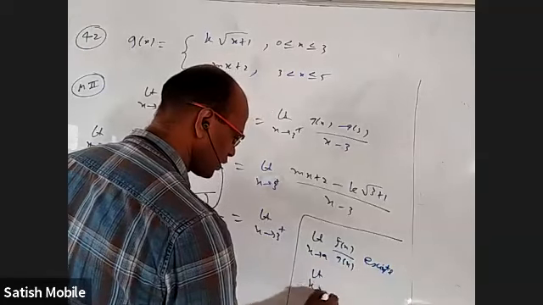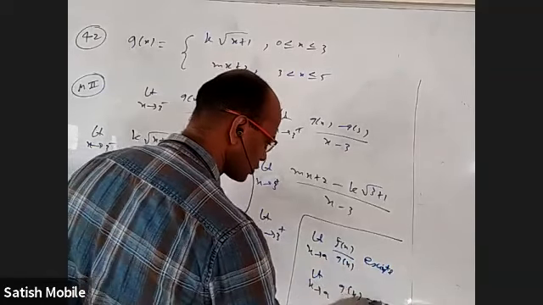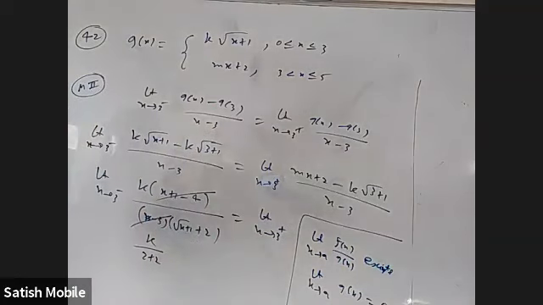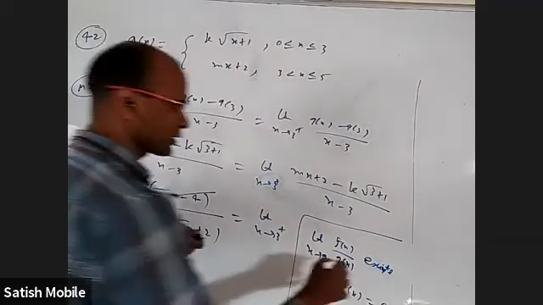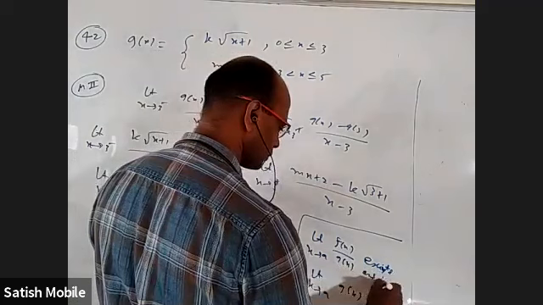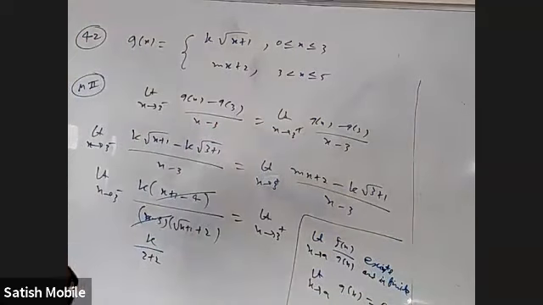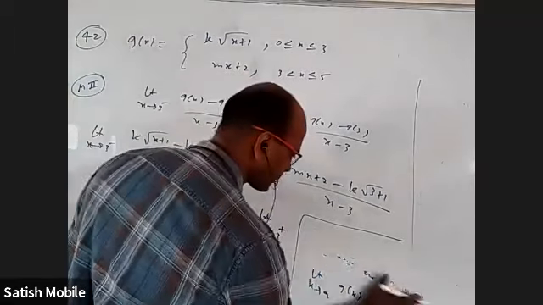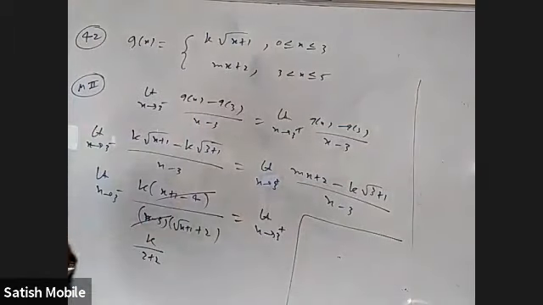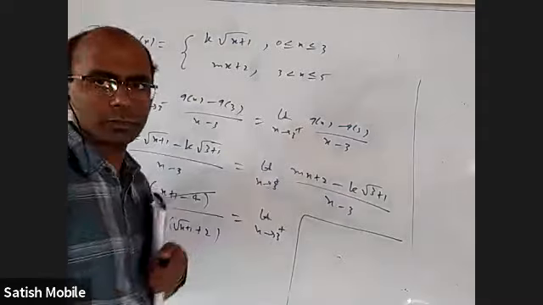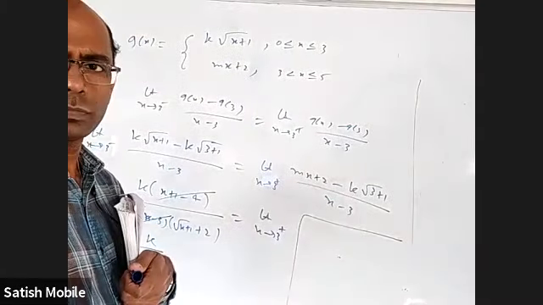And limit x tends to a g of x equal to 0. Okay, exists and is finite. Some people cannot see here. Okay, let me write here.